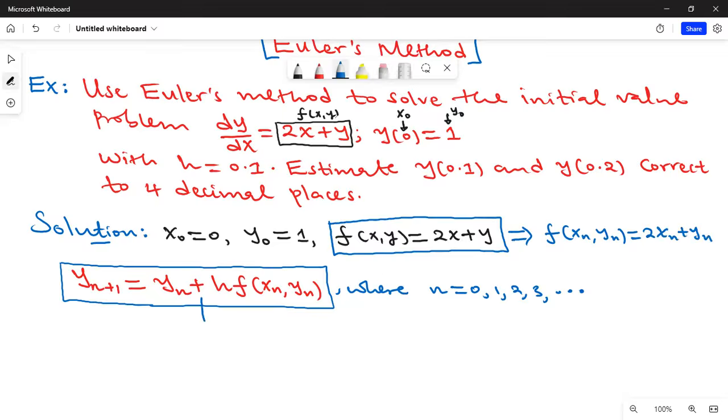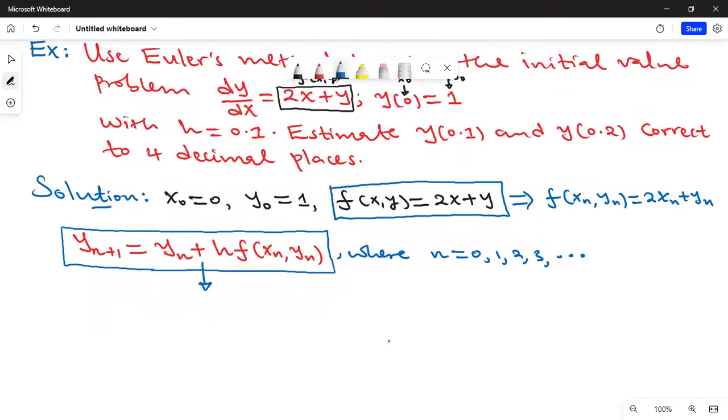So I replace it back into this formula and say that therefore y(n+1) is equal to yn plus h times (2xn plus yn). And so that's our iterative formula for this particular problem. We know h to be 0.1. We know our x naught and y naught.